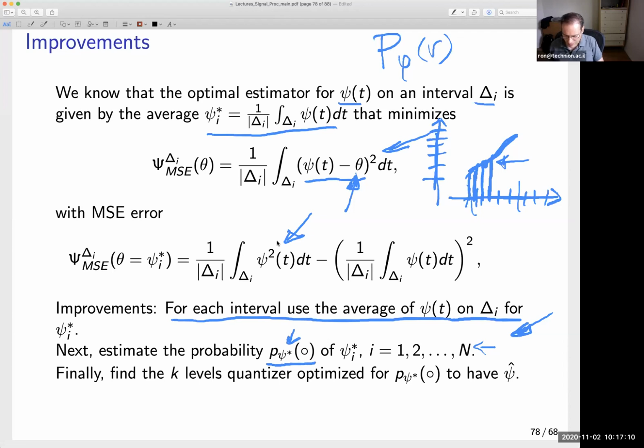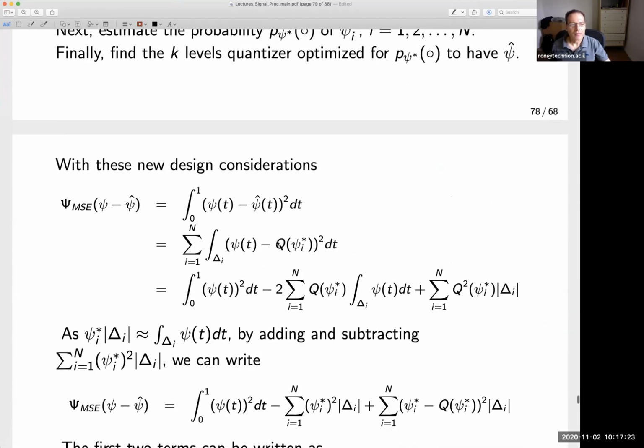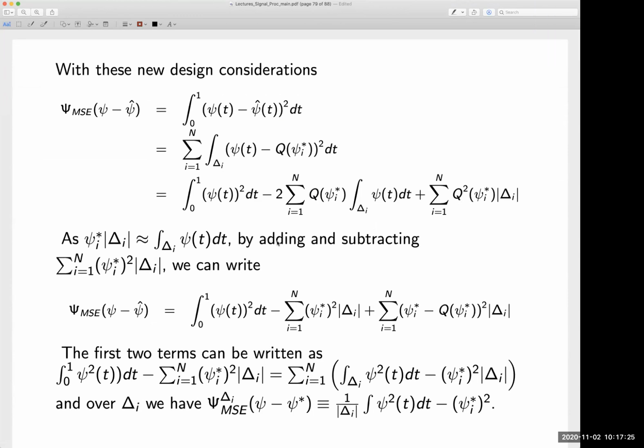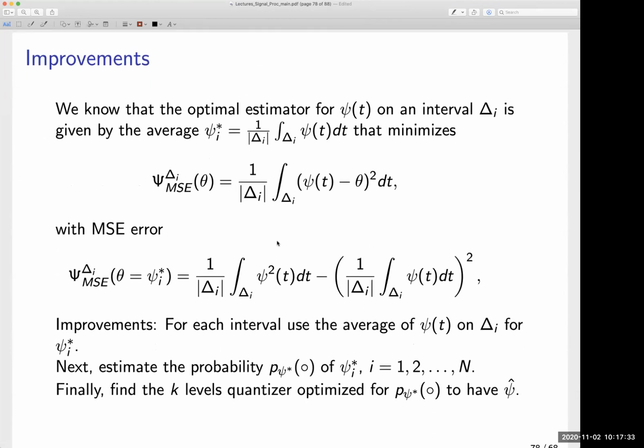Now, what I would like to do is find a k-level quantizer that optimizes this probability function. And this is something that we should already know how to do. In this case, we already chose the b bits, and we can decide between the k and the n because the k is decided by the n divisions.